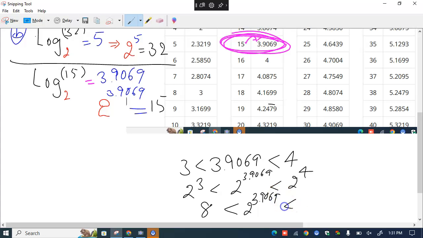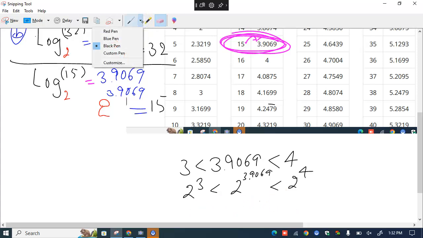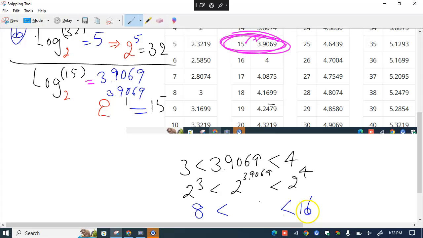Okay, this is 8, this is 16, and the number 2 raised to 3.9069.